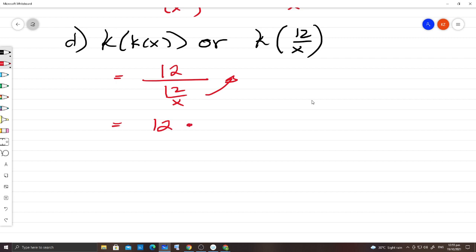So 12 times x over 12. Am I correct? Yeah. And then do the cancellation, so it is equal to x. Exercise 21D, let's double check. Number 7. Yes, we are correct.